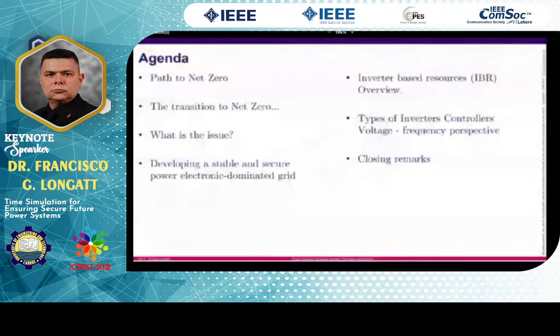But we will discuss that a bit later. Then we will talk about the paths that we need to take in this transition to net zero. And that discussion will be related to electrical power systems because they have the most important, the key role inside the decarbonization of the energy sector.